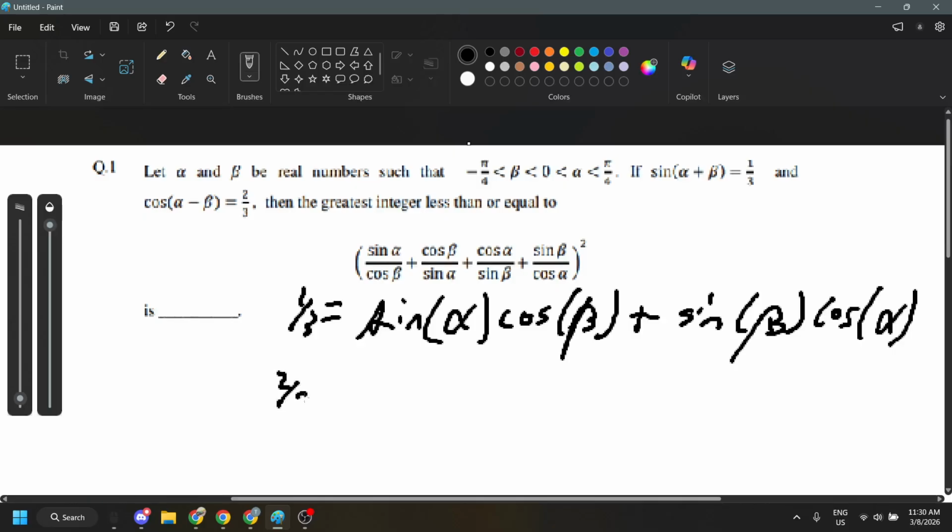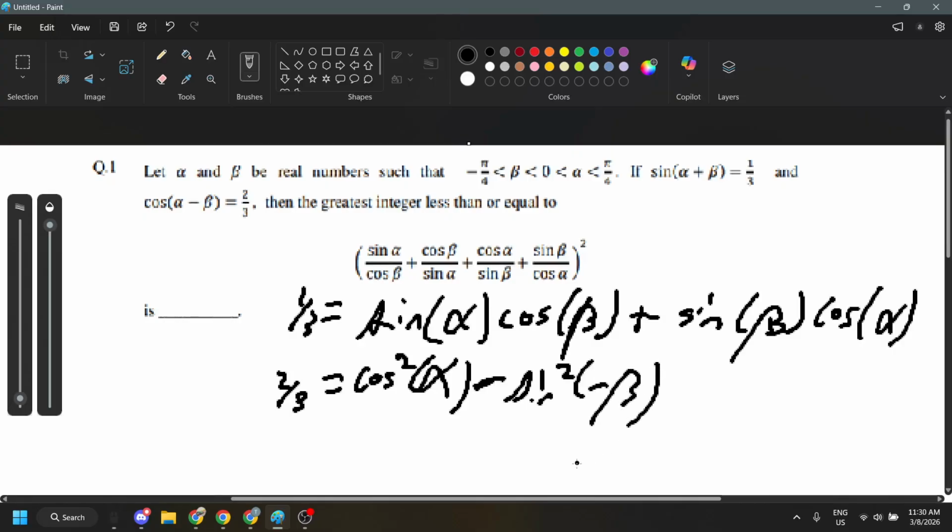And 2/3 is going to be equal to cosine squared alpha minus sine squared of negative beta.